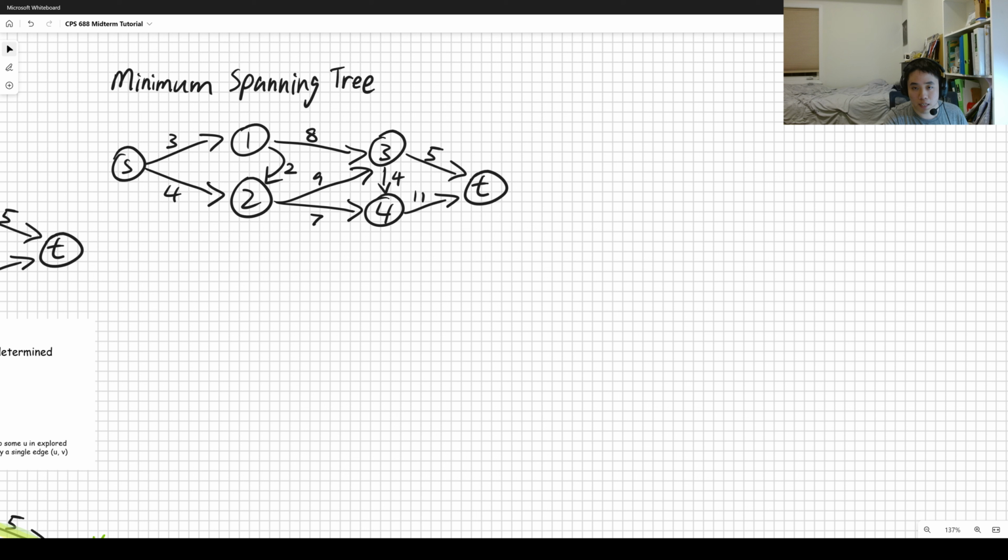I'm going to try using Prim's algorithm to pick my edges. Okay. So let me take a look at where the Prim's algorithm is on my end.